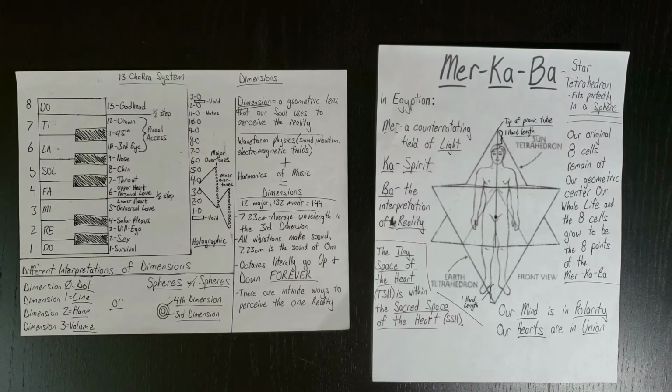Each of these 8 points grow from the original 8 cells of our physical body. And when we were 8 cells, our cells were actually relatively large compared to the average human cell. And at that point, we fit perfectly inside the zona pellucida, which is the sphere of the mother's egg.